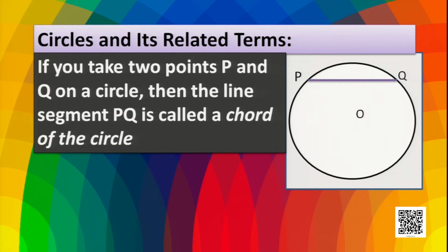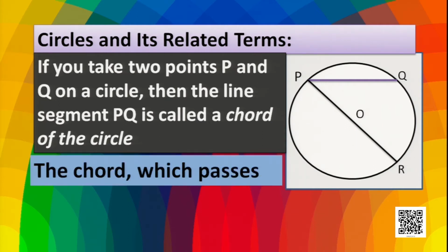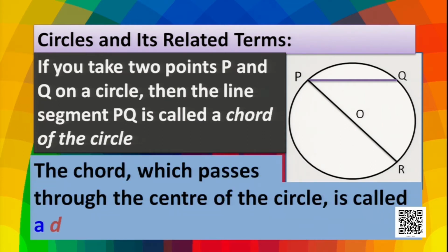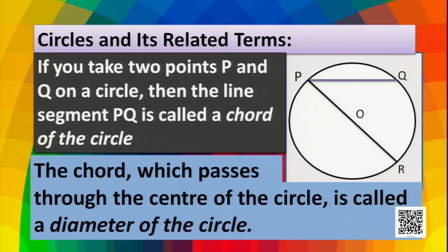So a chord is a line segment joining 2 points on the circle. Now if we consider another chord which passes through the center O, then the chord is called the diameter of the circle.